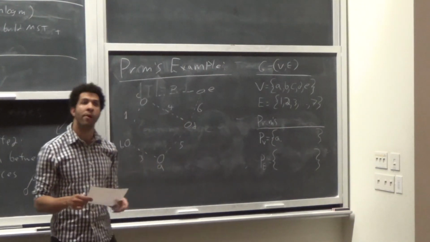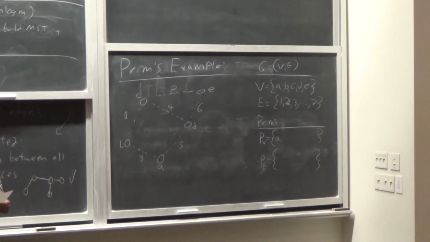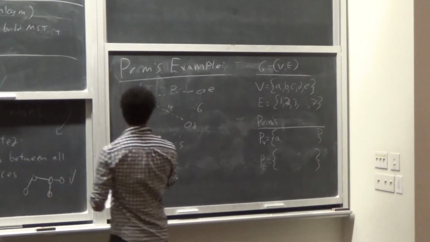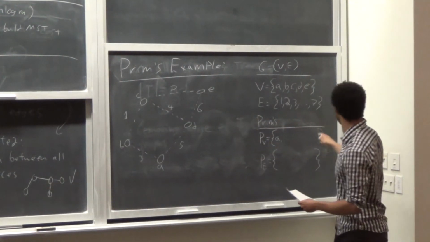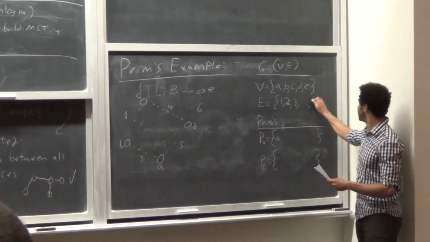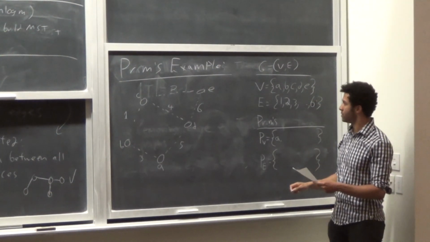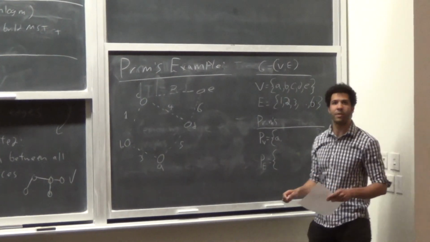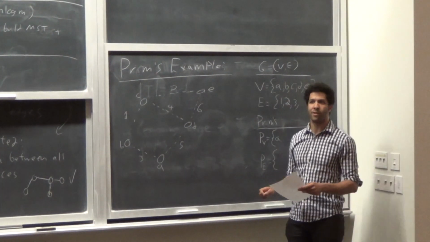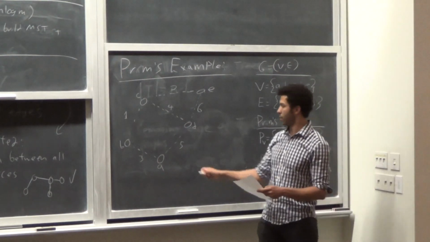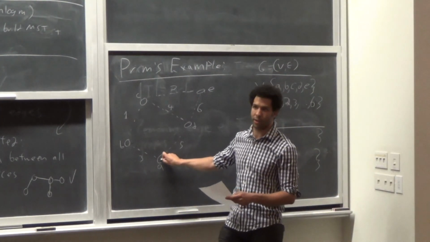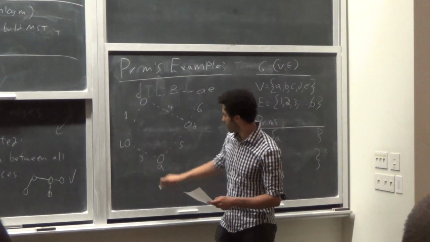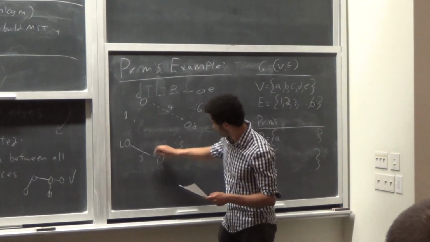So, do we have 7 or 6 edges? 1, 2, 3, 4, 5, 6 edges. Yeah, 6 edges. Thanks. So, starting at A, the easiest connection to make is AB.